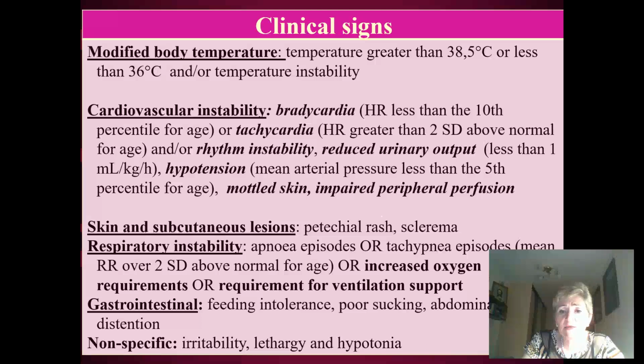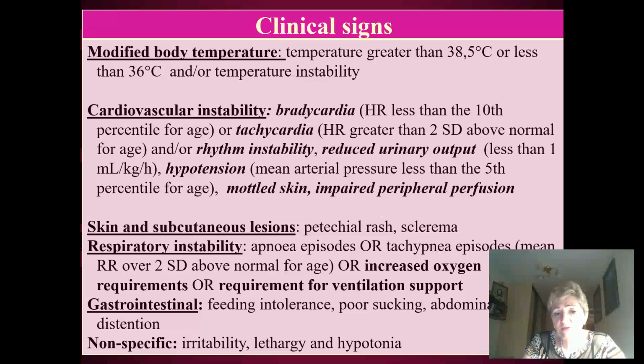Skin and subcutaneous lesions include mottled skin, petechiae, rash, sclerema, acrocyanosis, cyanosis. Respiratory instability includes apnea or tachypnea, increased oxygen requirement or requirement for ventilation support.